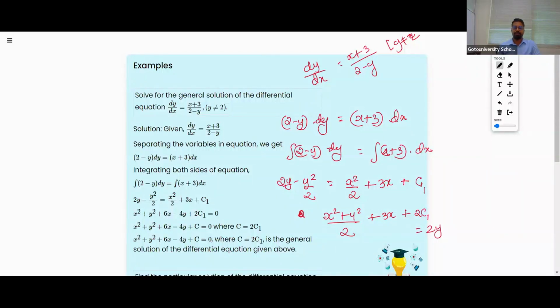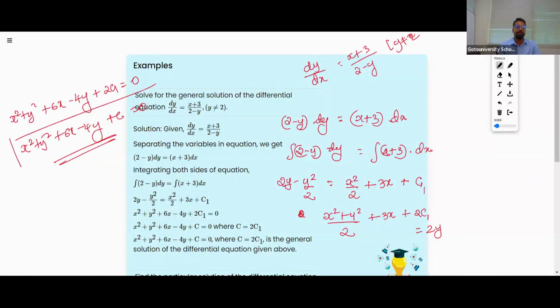Further, if you simplify, what we get is, I'm going to write it here, x square plus y square plus 6x minus 4y plus 2c1 equal to 0. Am I right? Yes. This 2c1 can be further written as an arbitrary constant c. Yes, this is the general equation.